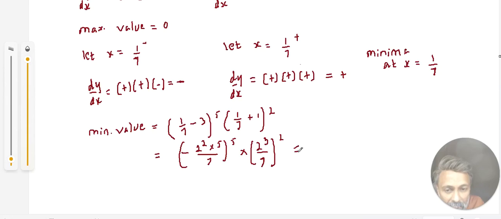We can end the answer by writing minus 2 raised to 2 5s are 10 and 3 2s are 6, so it is 16 into 5 raised to 5, the whole upon 7 raised to 5, and 7 raised to 2 is 7 raised to 7. So this is the minimum value.